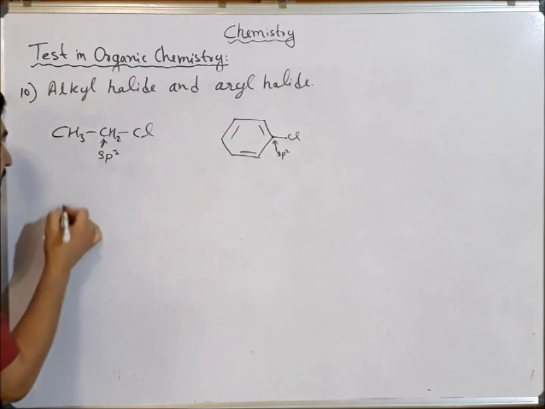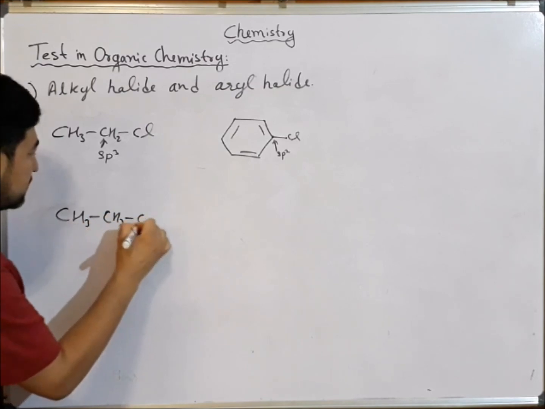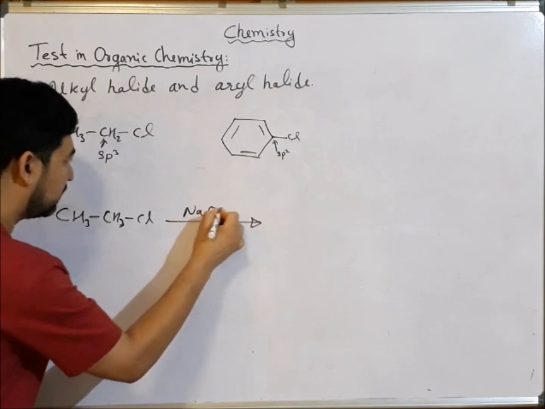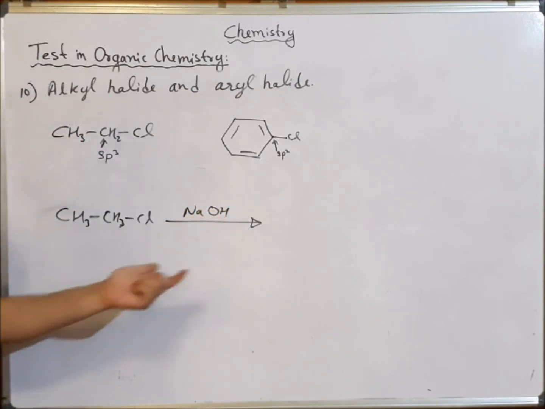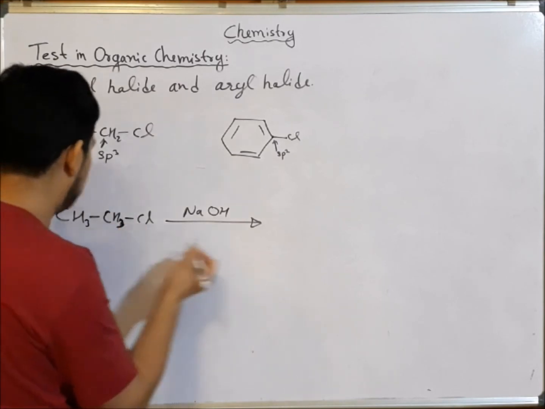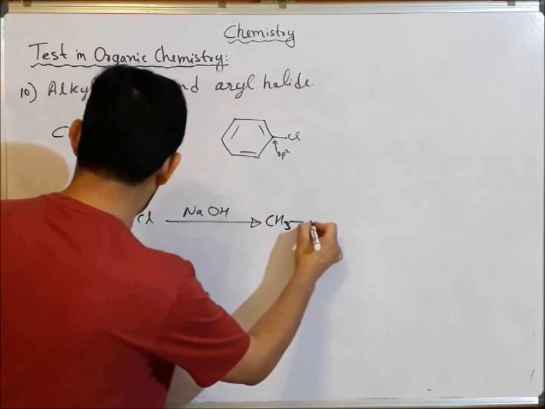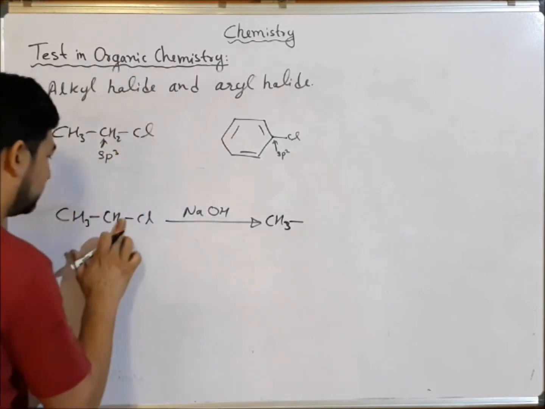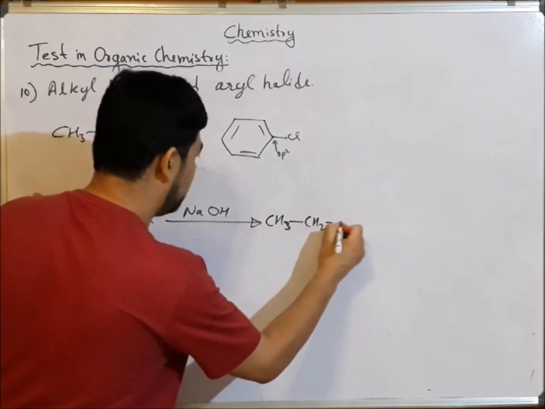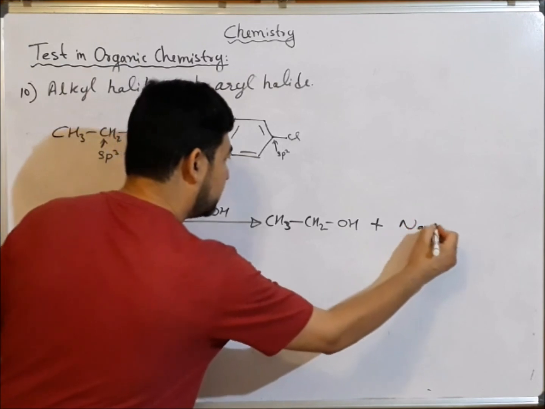First you have to react this with NaOH. When it is treated with NaOH, whether that is SN1 or SN2, it doesn't matter, both will undergo the substitution reaction. If it is a primary, then we get CH2OH, plus we get NaCl.